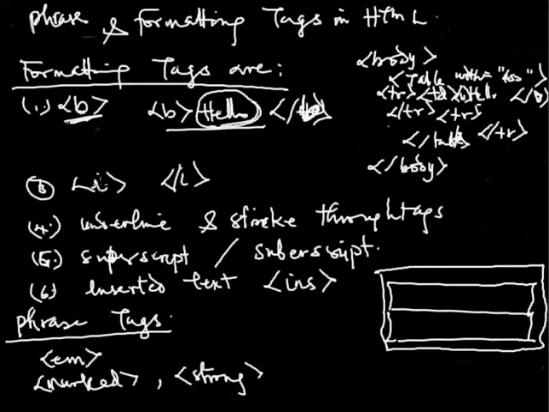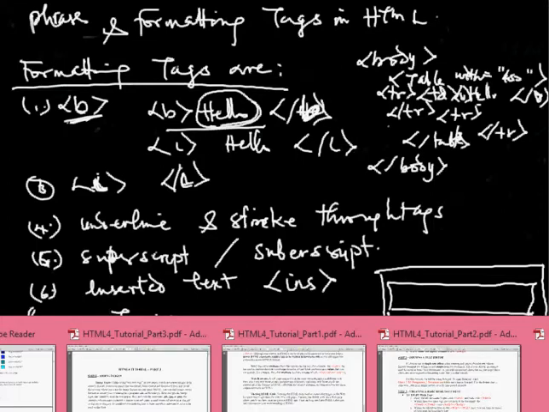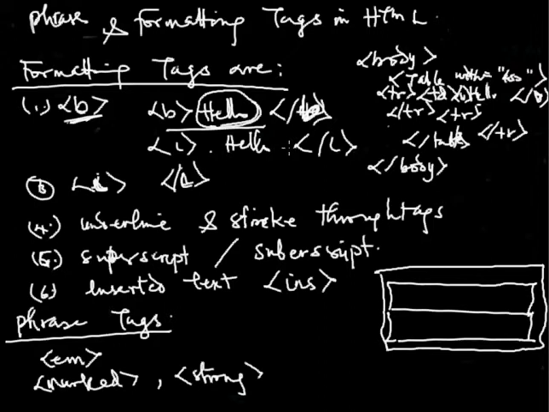Now, if you say italic, remember, we're talking about formatting tags. The italic tag. If you put italic hello, then you close the italic tag, what that is going to do for you is make your text look a little bit slanty, italics.